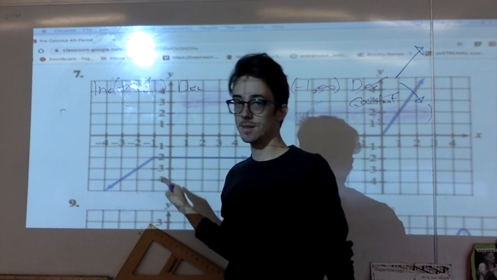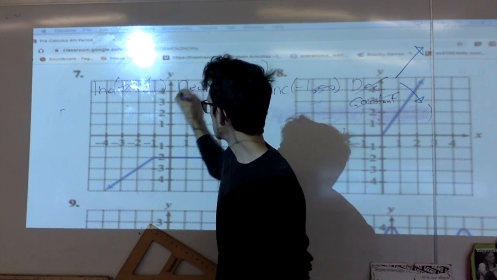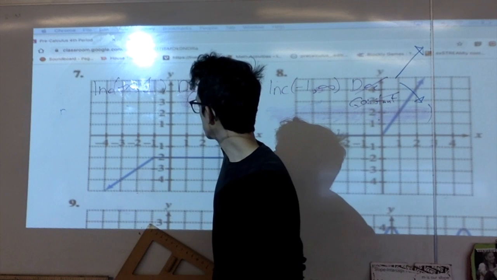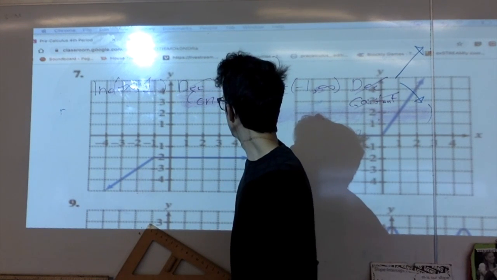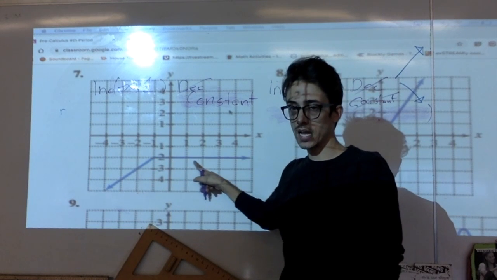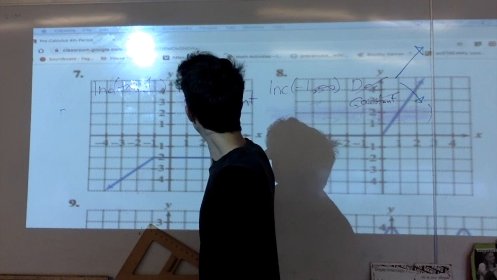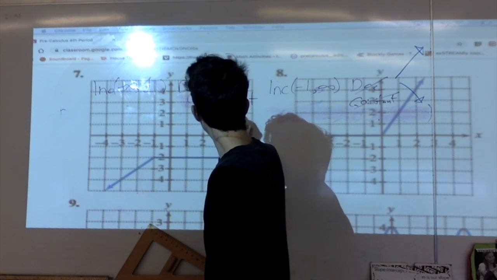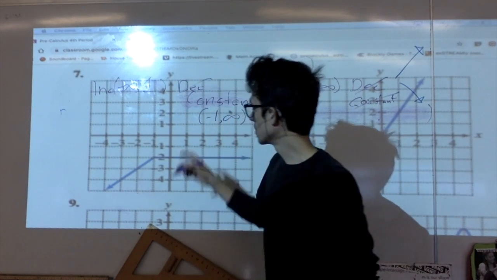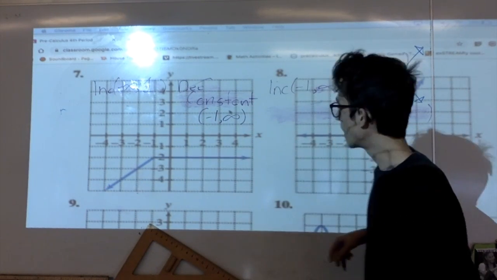We don't see the line dip down anywhere, so we don't think of anything as decreasing. We do have some constant areas. Starting with -1, this continues to stay constant all the way till positive infinity from the looks of it. So it's not decreasing, it's just increasing up to here and then constant all the way from here on out.